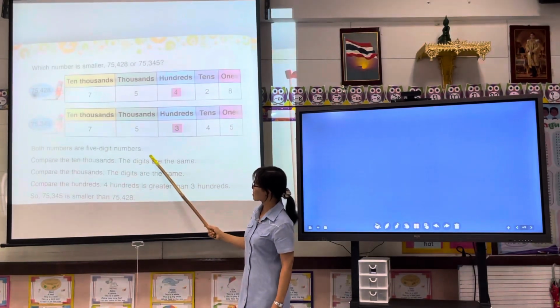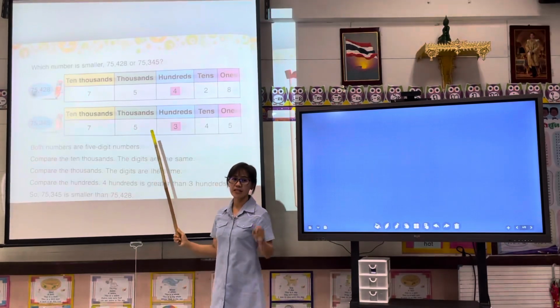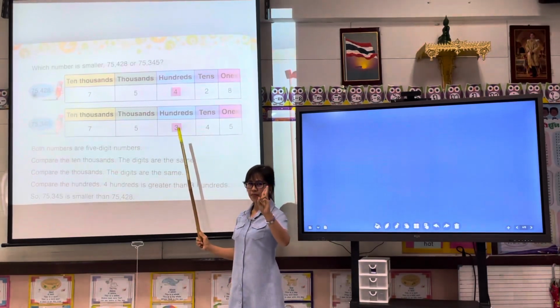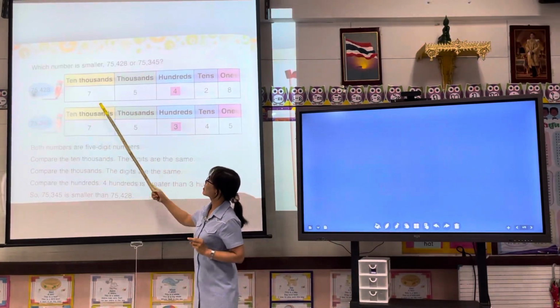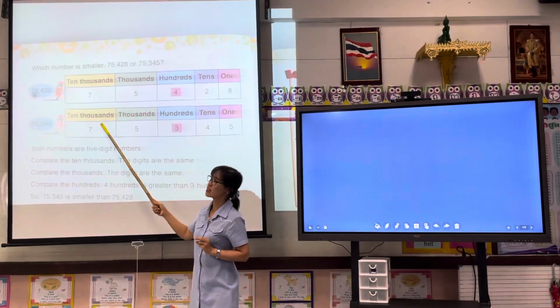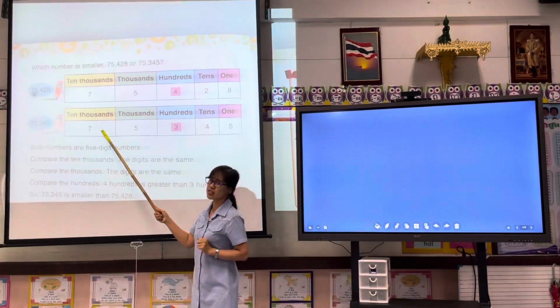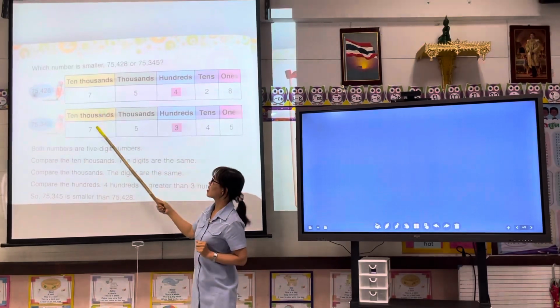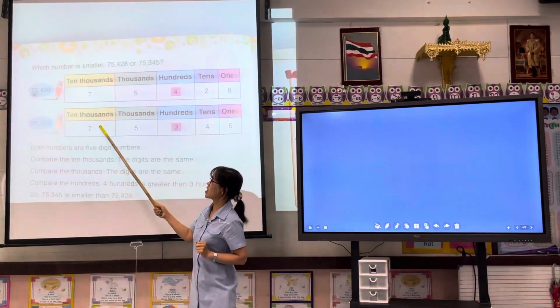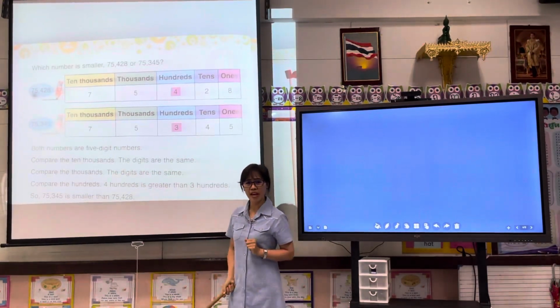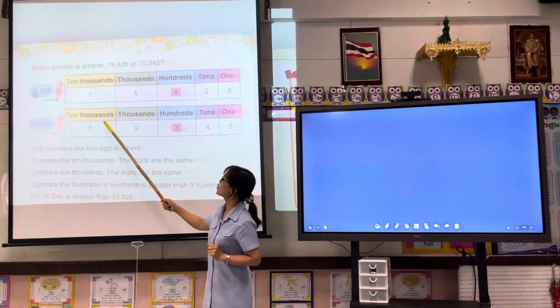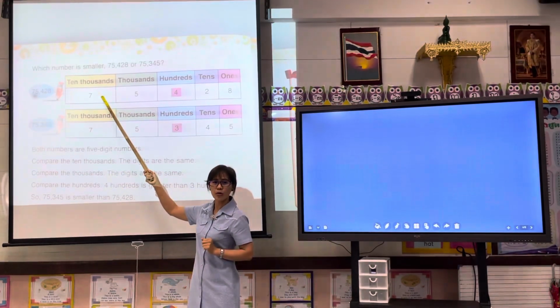Okay. Next, the second tip is compare the 10,000s. Look at the 10,000s. What's going on here? The 10,000s place are the same again. 7 10,000s and 7 10,000s.